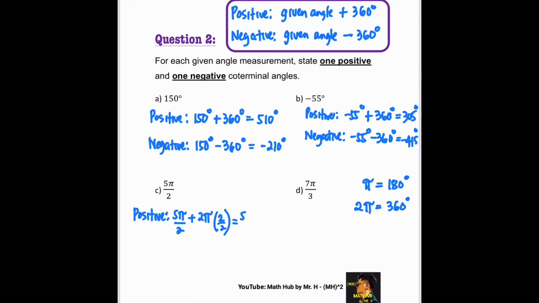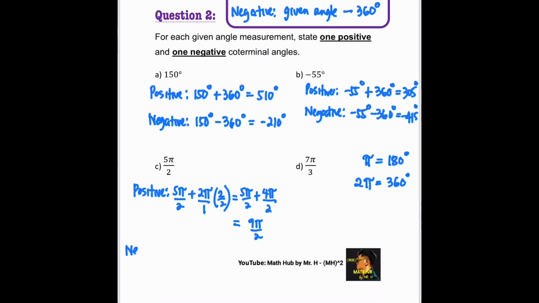So 5 pi over 2 plus 2 times 2 pi is 4 pi over, this is actually 2 pi over 1, so 2 times 1 is 2. Now it's easier to get the sum. So 5 pi over 2 plus 4 pi over 2 is 9 pi over 2.